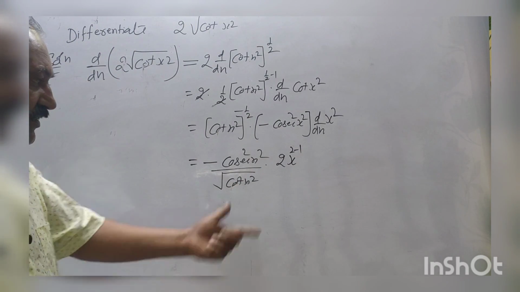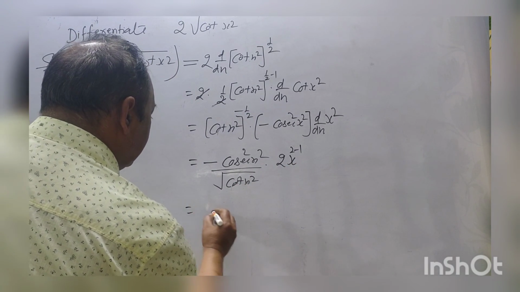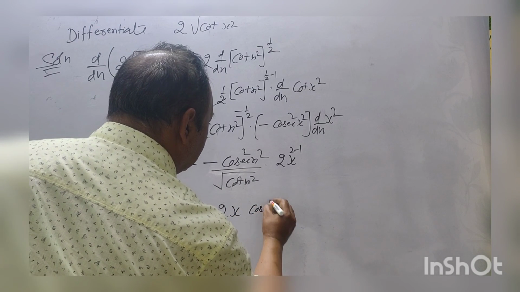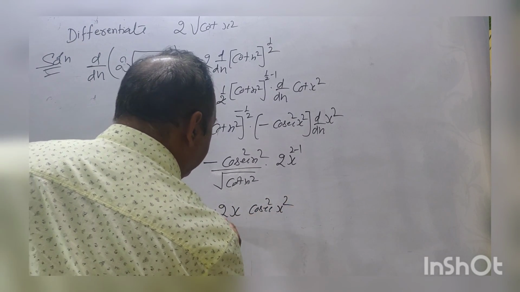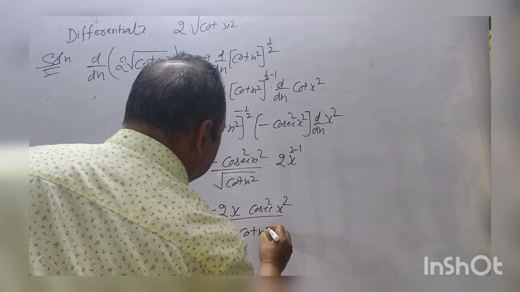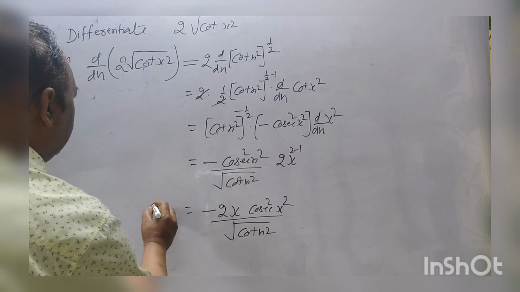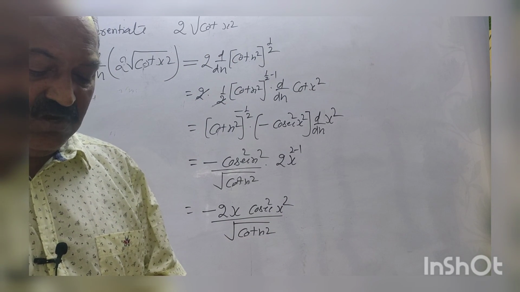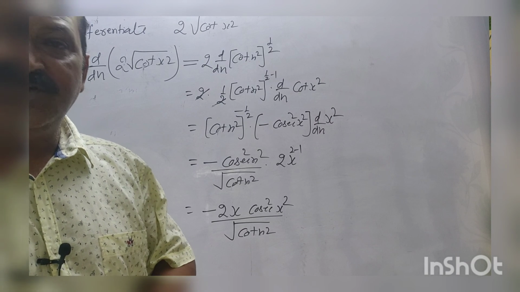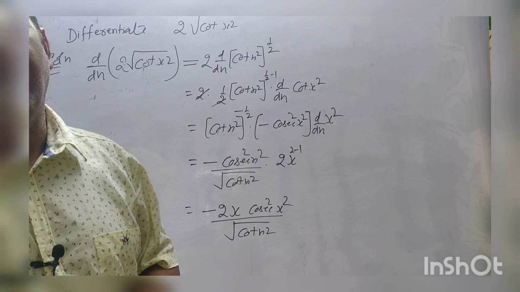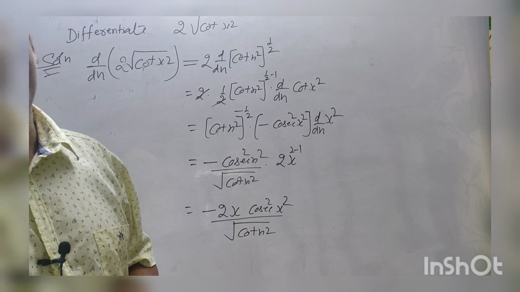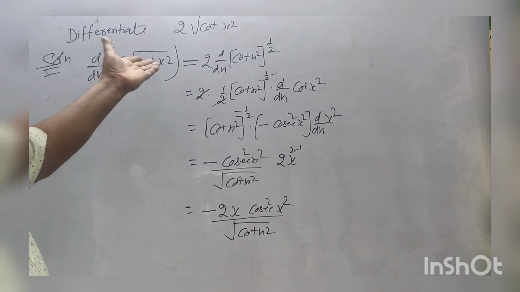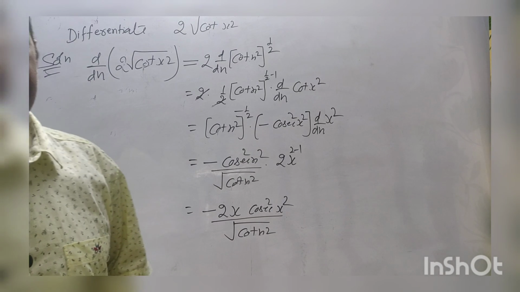Chain rule समाप्त, and it becomes minus 2 into x cosecant square x square divided by under root of cot of x square. So therefore you can apply chain rule and various formulas of the derivatives of trigonometry in these applications. This is very, very important, to apply the formulas in these questions, in these applications. Thank you.